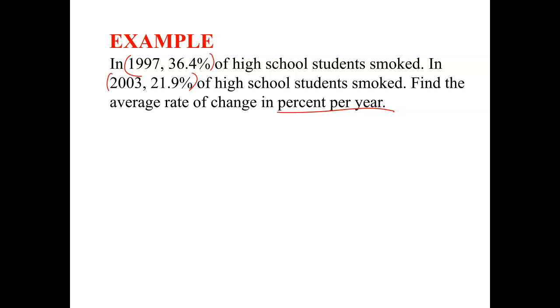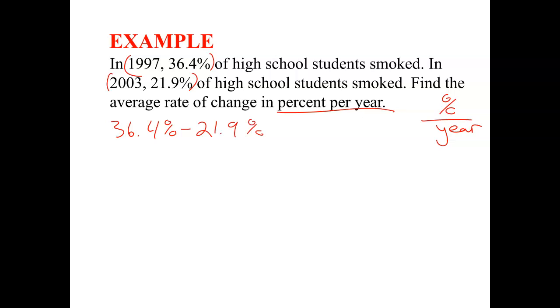Okay? And it's talking about percent per year. Since rate of change is Y's over the X's, percent's going to be our Y values, year's going to be our X values. So we can go ahead and set up our rate of change.